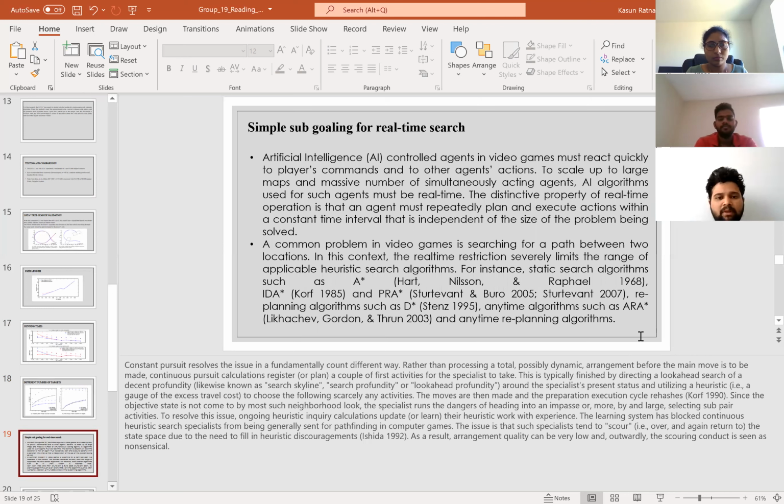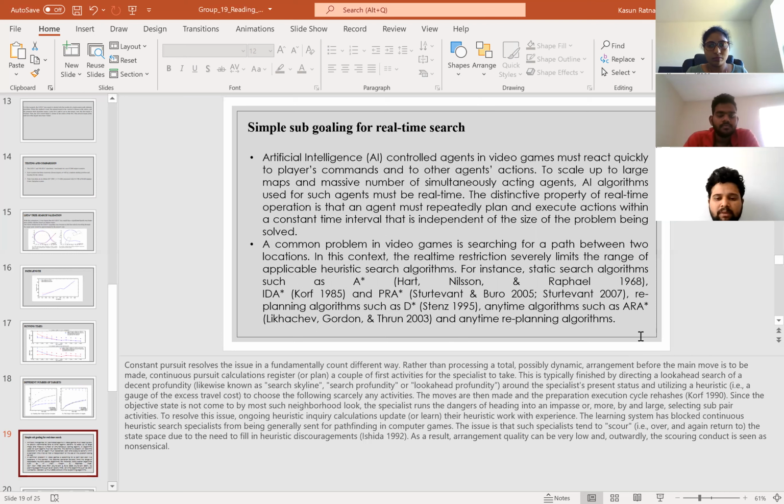Simple subgoaling for real-time search. In video games, artificial intelligence control agents must react quickly to players' commands. Constant pursuit resolves the issue in a fundamentally different way, rather than processing a total, possibly dynamic plan before the first move is made. Continuous pursuit calculations register the first couple of actions for the agent to take.